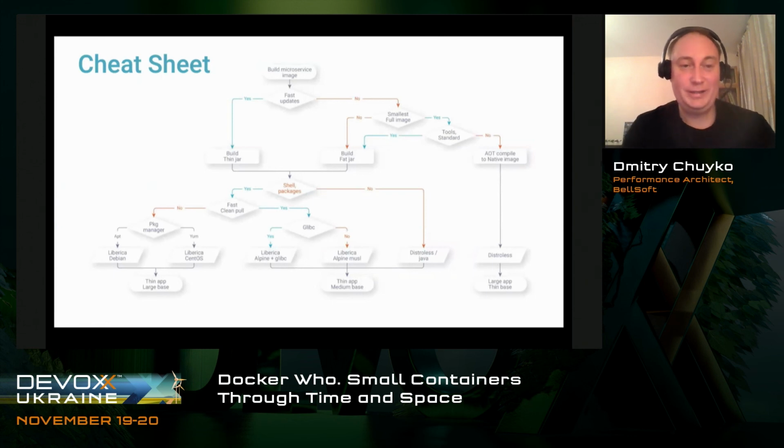So when you select which way to take, remember about native image. It's always an option, but you have limitations. Then you go to a classical JVM based container. You have options how to split your business logic. Will you use a thin jar deployment or fat jar deployment?